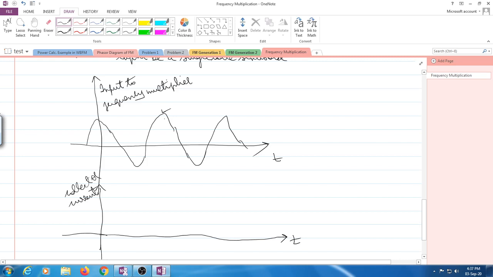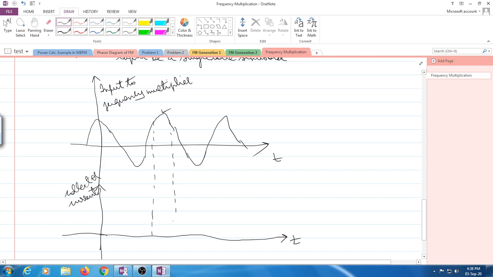So let us consider this particular interval as the vicinity with respect to the maximum positive excursion. So for this duration, we are going to have the collector current.